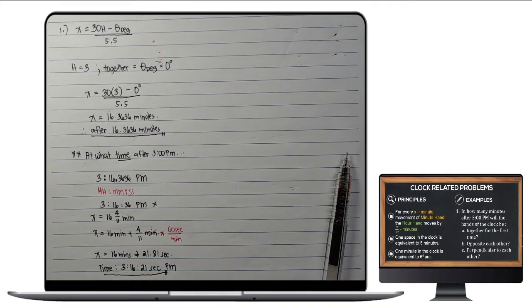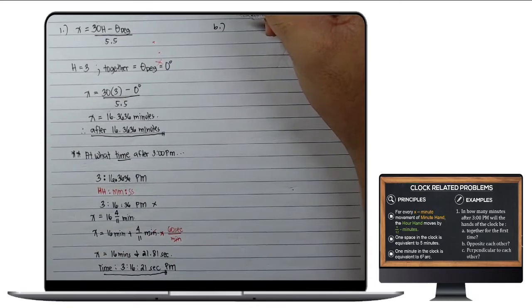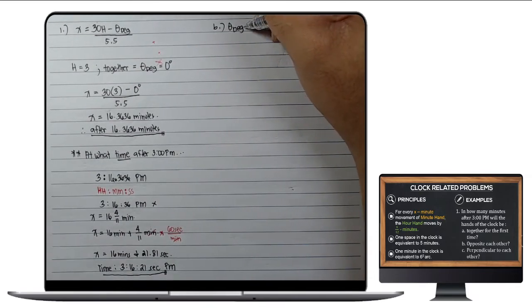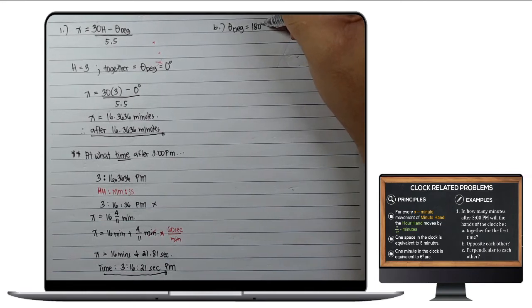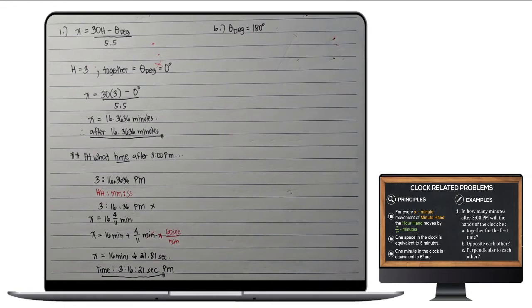Okay? So, let's proceed solving yung other problem. So, yung problem number letter B. Dun sa letter B, hinahanap naman sa atin is opposite each other. So, yung theta natin in degrees is equal to 180 degrees for it to be opposite with each other. And as I've said, always start with equation 2.